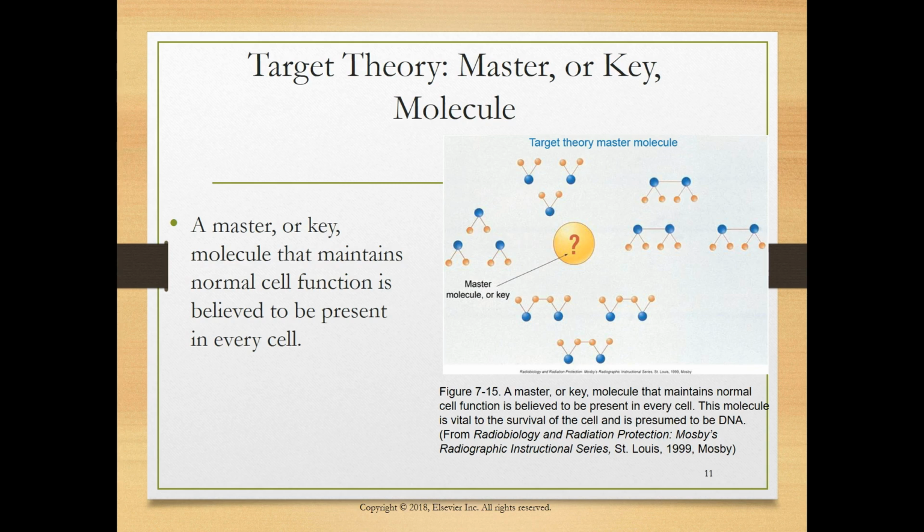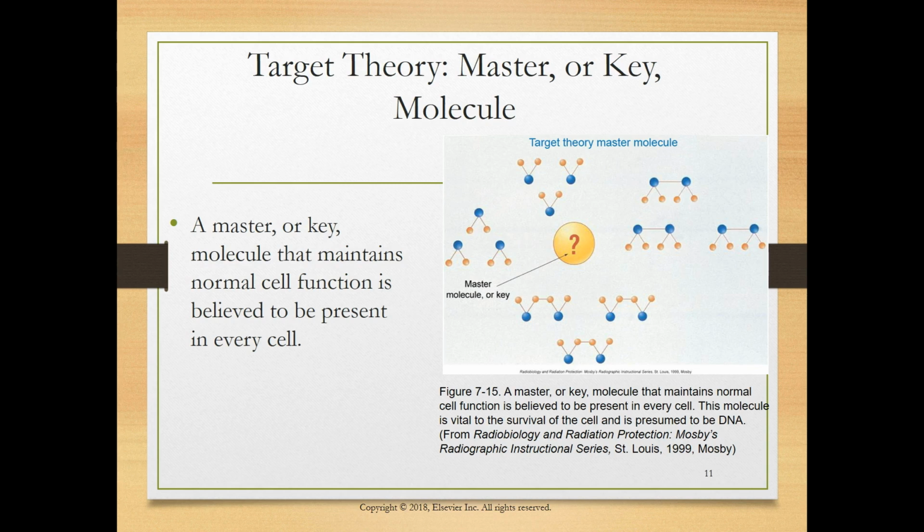However, some molecules inside cells are unique. There's only one of them. And if that were to get damaged, then the cell is compromised. And this is called a key or a master. It's the concept that there's a key sensitive molecule, and for the cell to die after radiation exposure would mean that its target or key molecule must have been inactivated or damaged beyond repair.